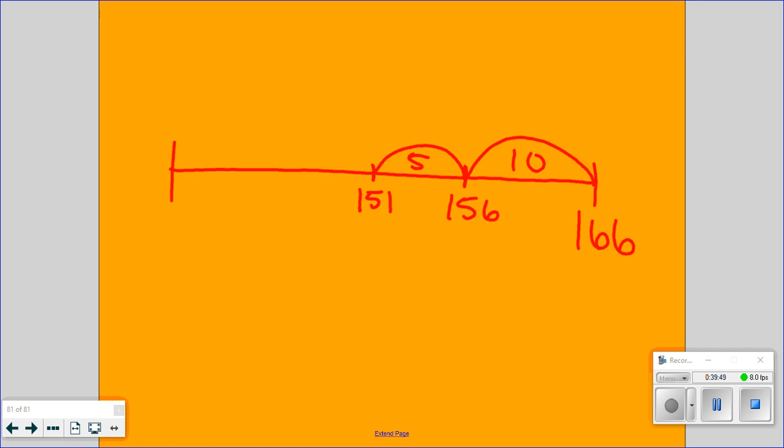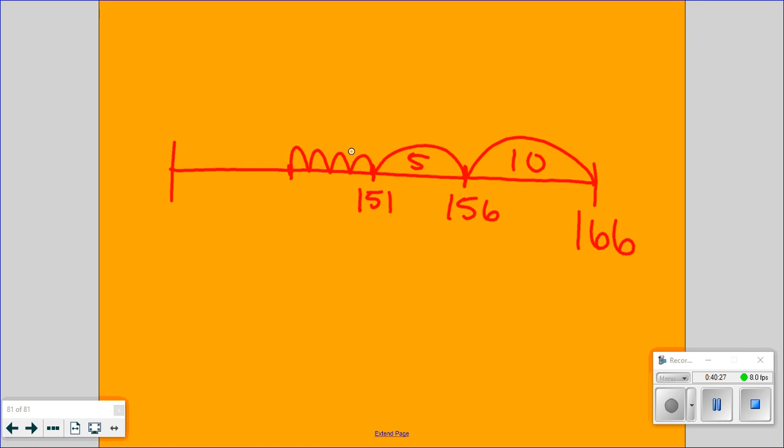Now what? Nope, because I'm starting at 151.